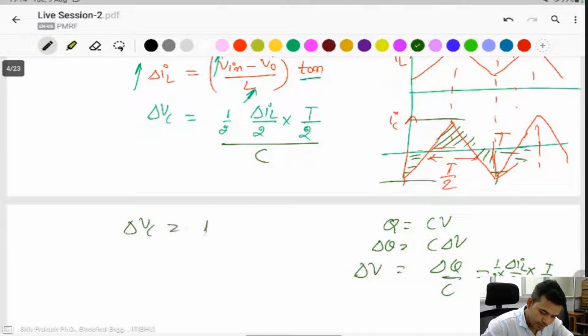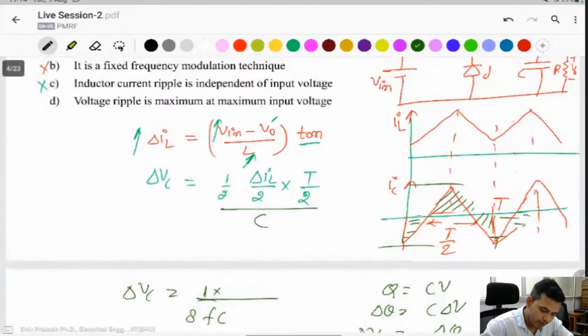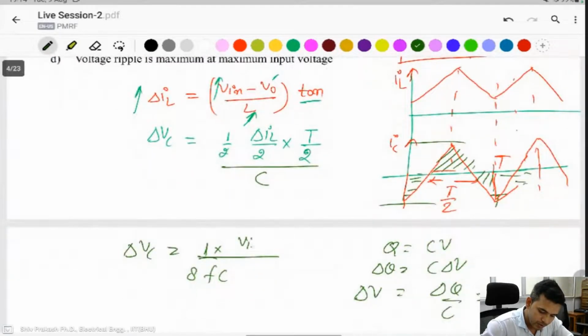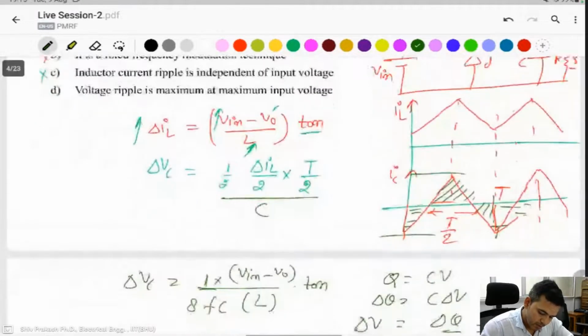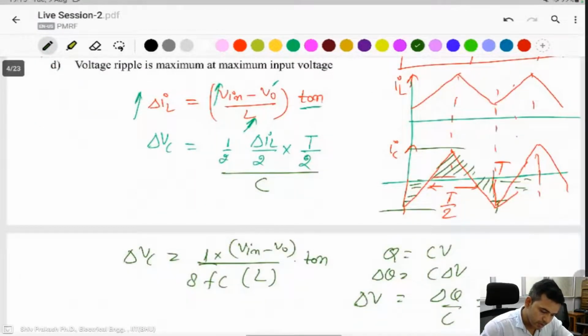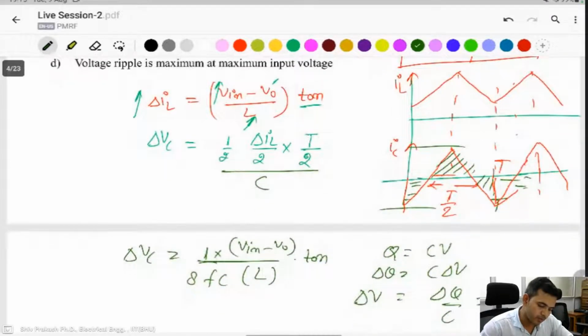Delta Vc is 1 by 8, we can write T is equal to 1 by Fc. Delta IL, I will find, is (Vin minus V naught) by 12 into Ton. Ton fixed, so delta Vc says that ripple voltage is maximum at maximum input voltage.